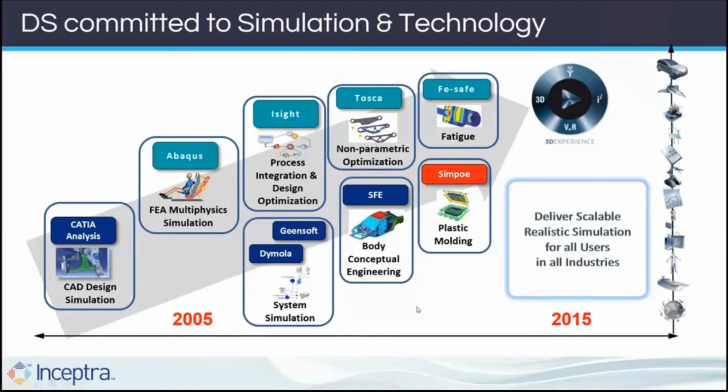And over the years, and I'm not showing all of them, they've acquired other technologies such as Tosca for optimization, Isight for parametric optimization, fe-safe for fatigue and durability, and Simpoe, a newer one for plastic injection. Already in 2015, we're seeing pieces of these technologies appear in 3D Experience as apps, and I'll mention one of them shortly.